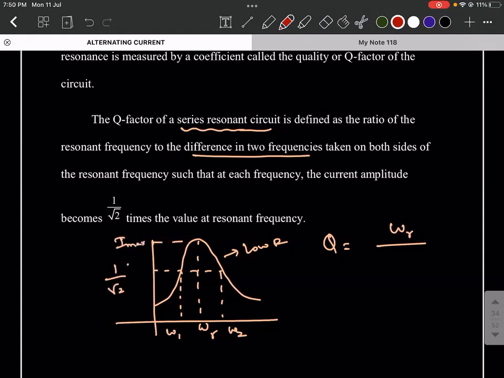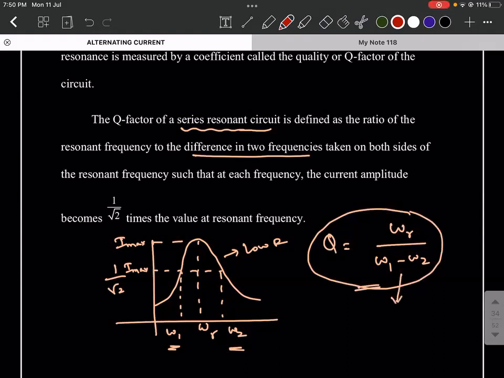If I call this maximum, then 1 by root 2 times maximum is somewhere over here, divided by omega 1 minus omega 2. I took omega 1 and omega 2 in such a way that the corresponding value of current for omega 1 and omega 2 is I max divided by root 2. Is it clear? You call this particular ratio the quality factor, and this omega 1 minus omega 2 is what you call the bandwidth.